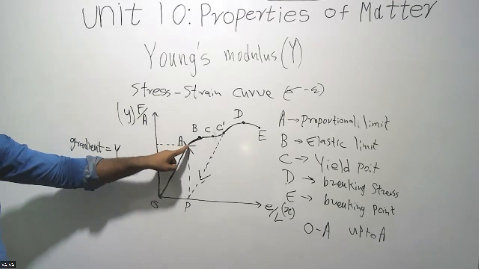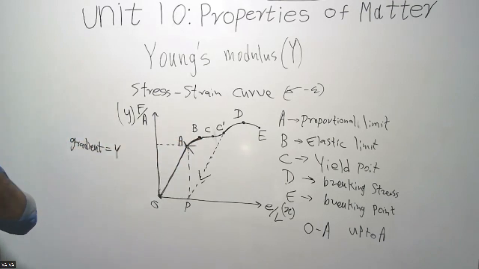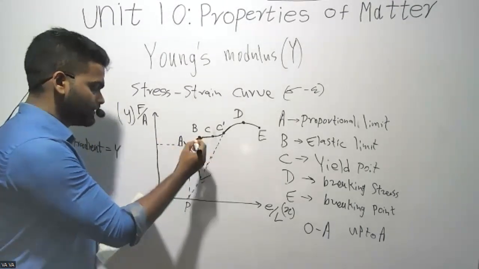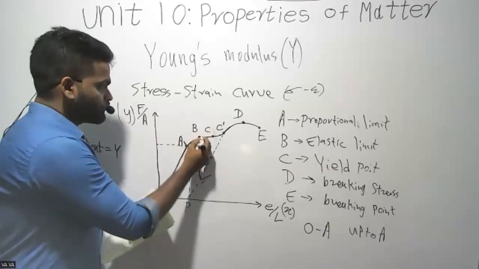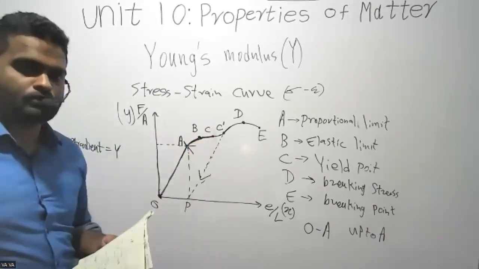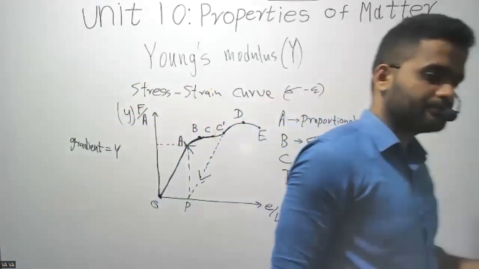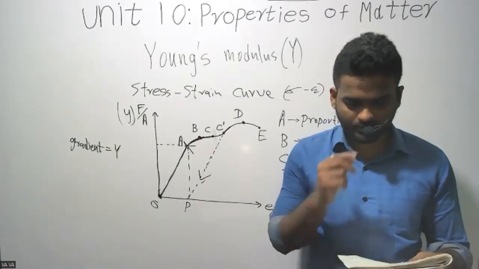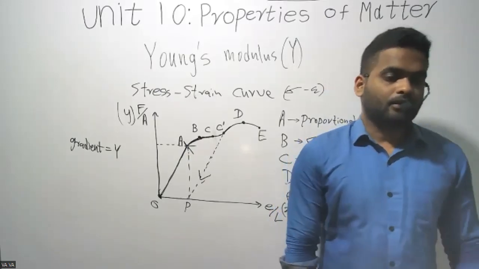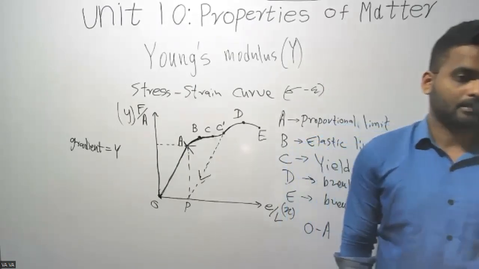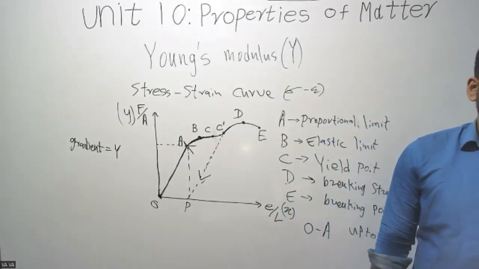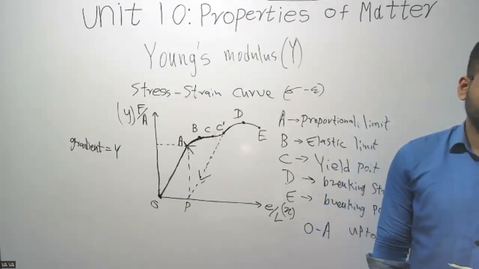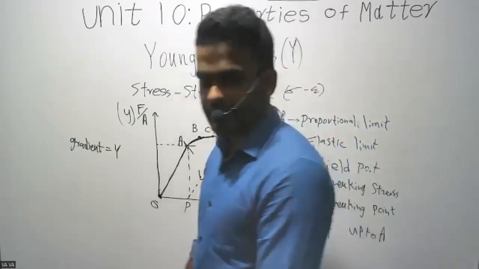Okay, now from A to B we described that. Then write another point. From B to C, each molecular layer starts sliding.